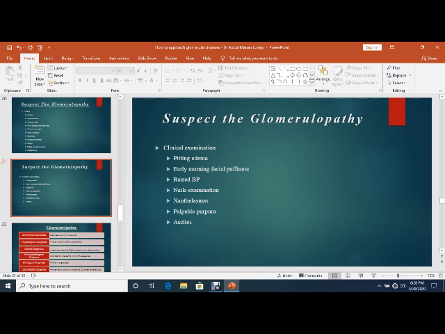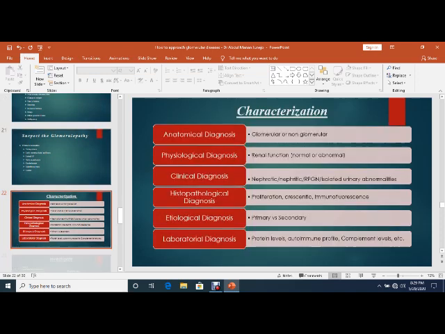But in case of CKD, if they have developed it, there are brown nails. This is a significant feature of CKD. Xanthelasma, palpable purpura sometimes in case of vasculitis, and ascites may be present in these patients.